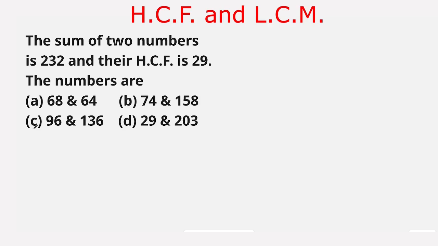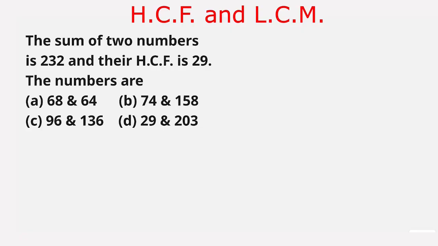In option C, 96 and 136, both are not divisible by 29. So only option left is option D, 29 and 203. Here both are divisible by 29. It means that our answer is option D. Now I will solve this question with the proper method.